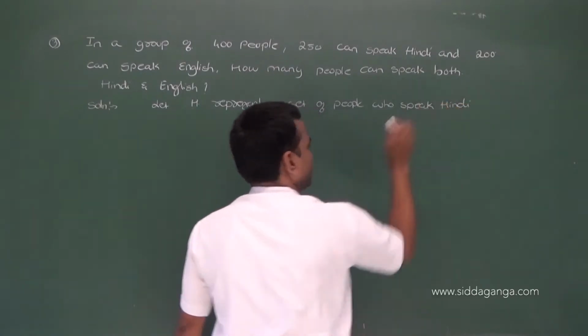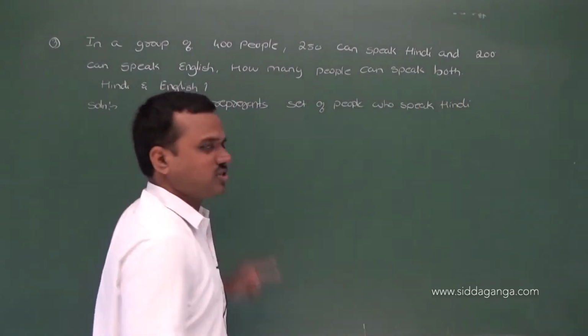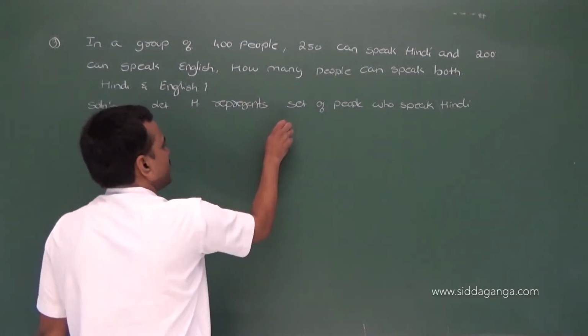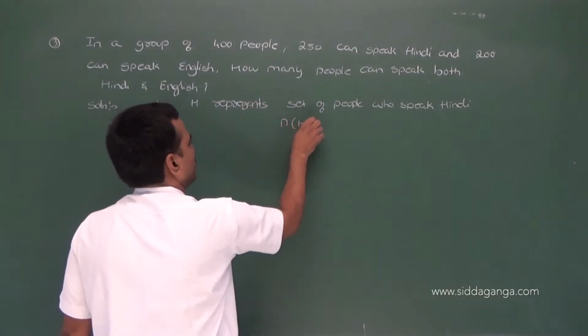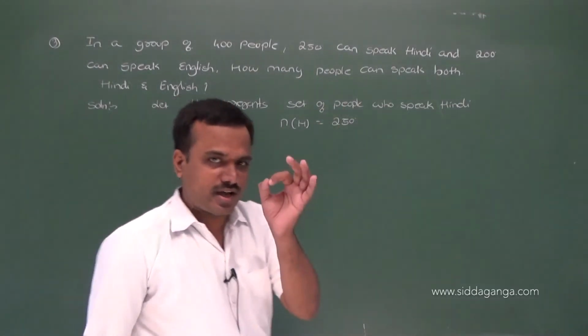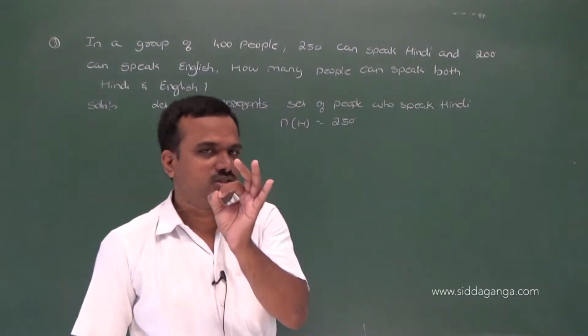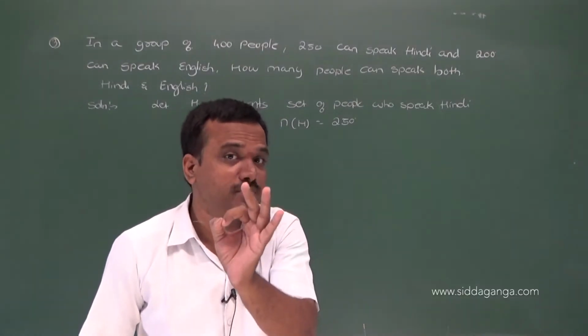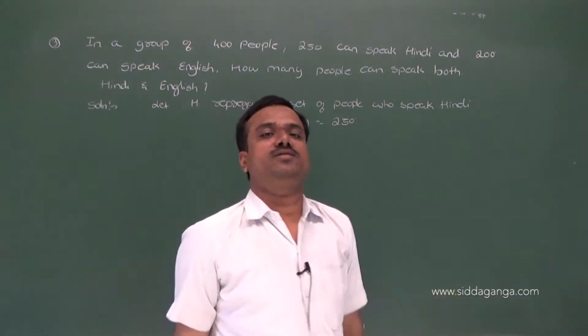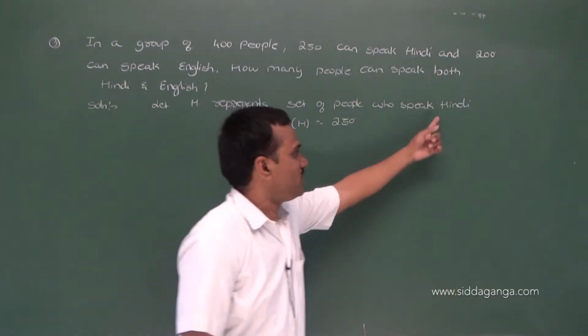So alphabet H is there now, that's why I take H. If you want, you can take A also, no problem. Then N of H is given. N of H is how much? 250. Correct? If you want, you take A as the set of people who speak Hindi.